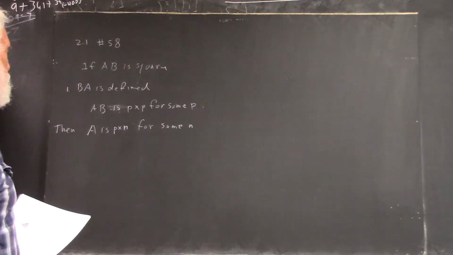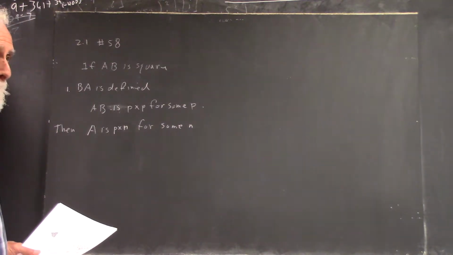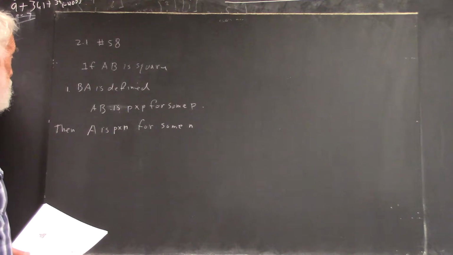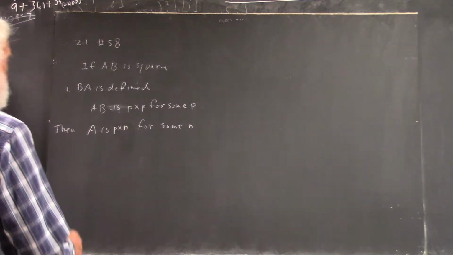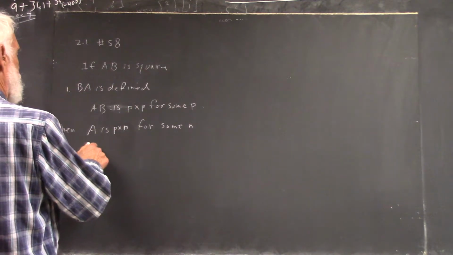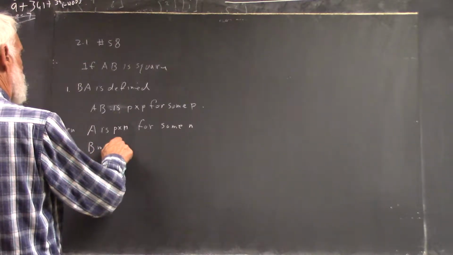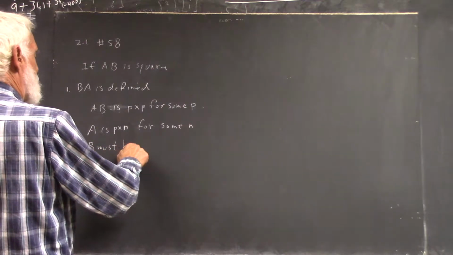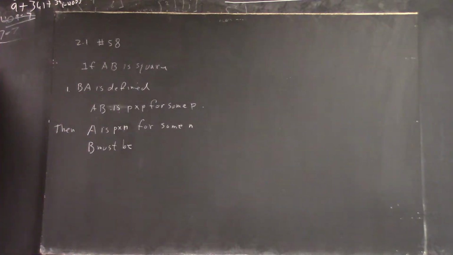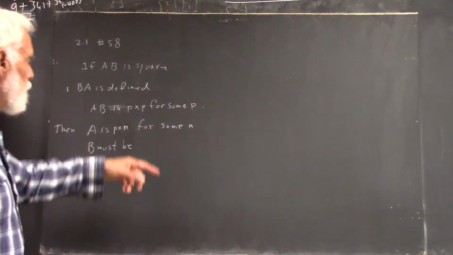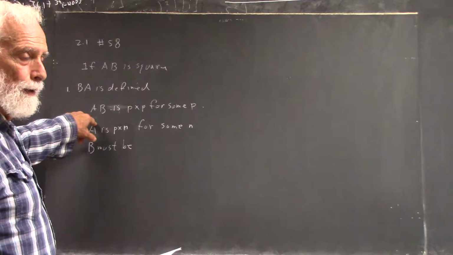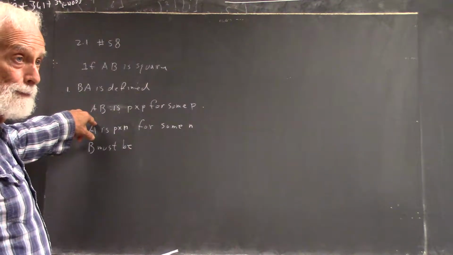So what can you tell me about matrix B? It's something by P. Okay, in order to get a P by P matrix, B has to have P columns.